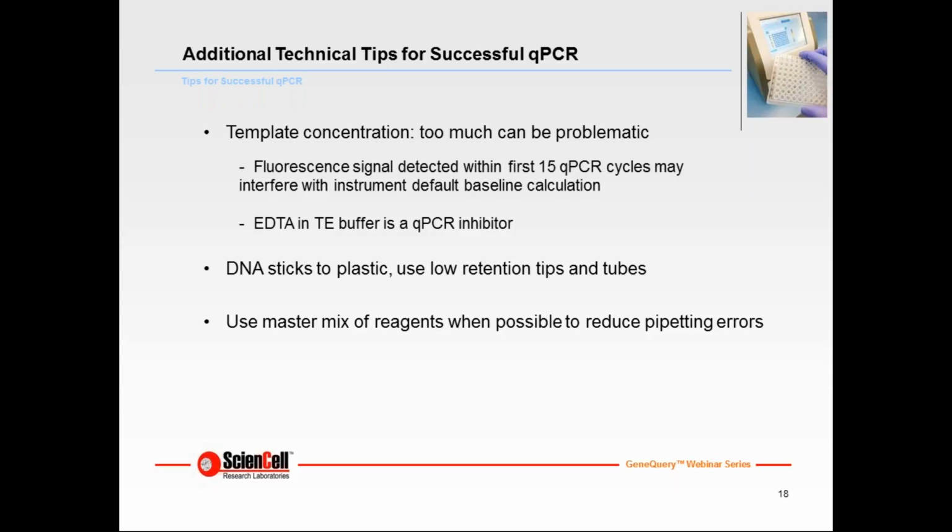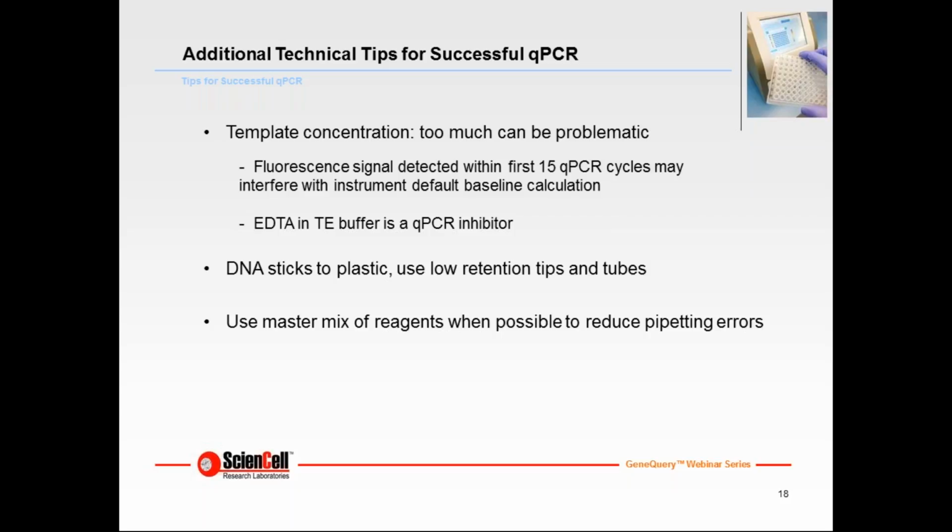At low concentrations, the inhibition effect can be neglected, but not when you have too much in the reactions. We'd also like to remind you that DNA sticks to plastic, so please use low retention pipette tips and tubes.